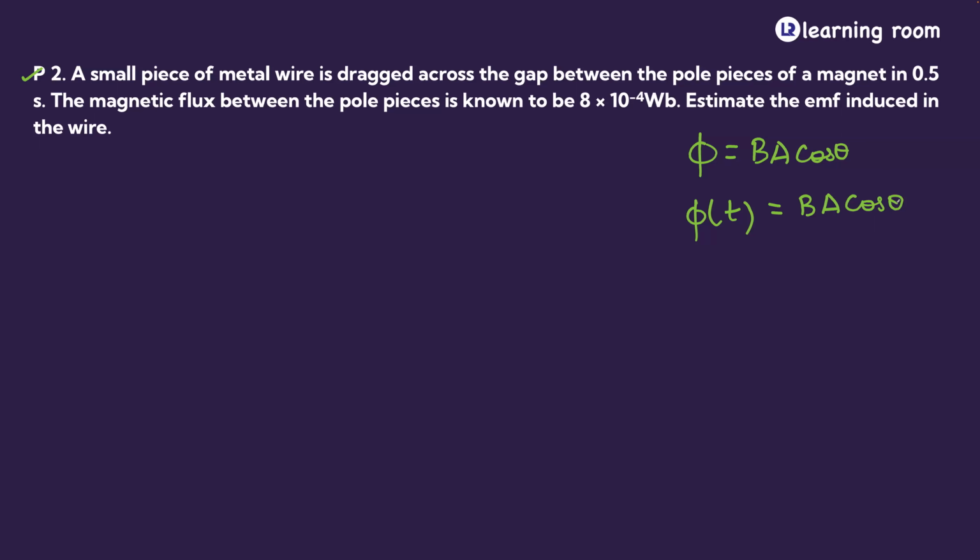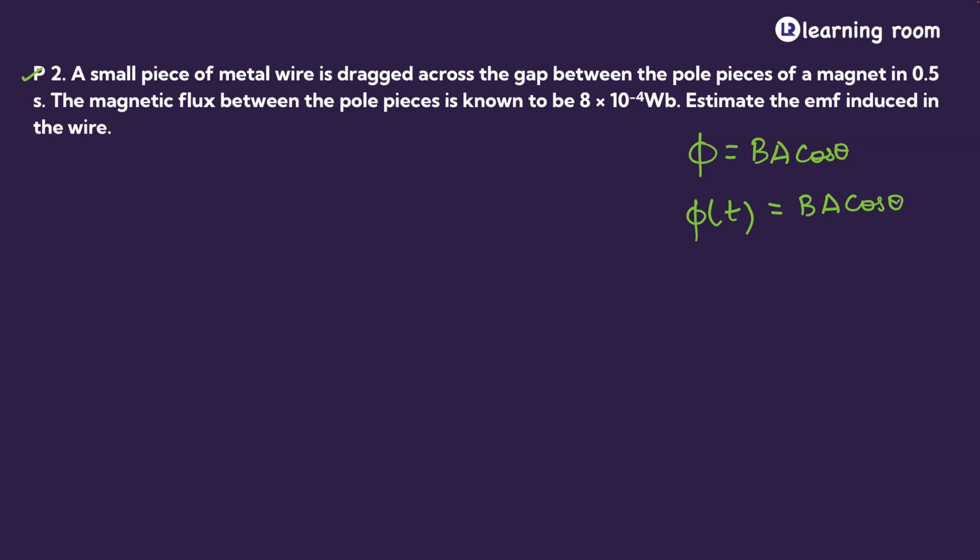If B is changing with respect to time, area and the orientation of the coil, that is theta, will be the same. If area is changing, B and theta will be constant. If theta is changing, B and A will be the same. That is how you design the system itself.